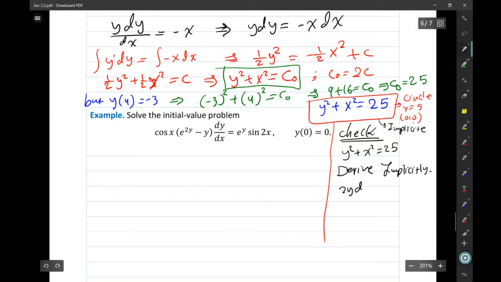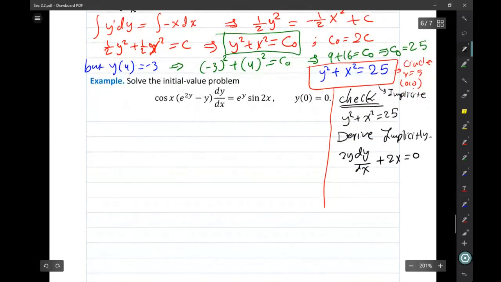You will get 2y dy by dx plus 2x is equal to 0. Take 2x to the other side, and it becomes 2y dy by dx is equal to minus 2x.